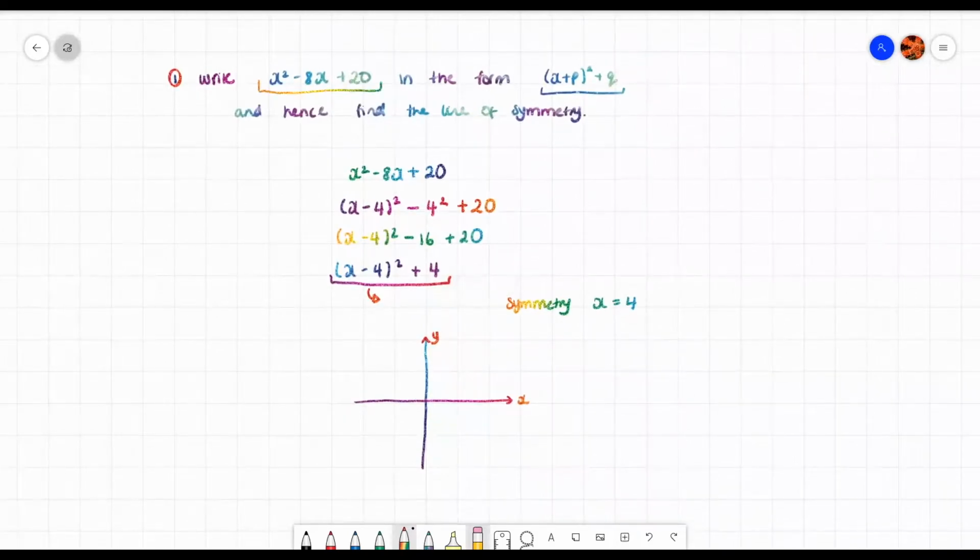So what is our graph going to look like? It's going to be a U-shaped graph, because a quadratic graph is always a U-shaped graph. So we're going to say that x is 4 somewhere here, x equals 4. And I'm just going to say the graph will look something like this, and I'll let you know why in a minute. And that's your line of symmetry, x equals 4.